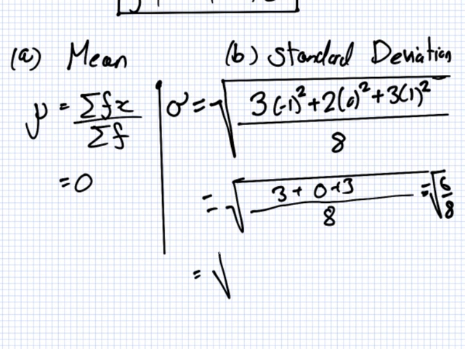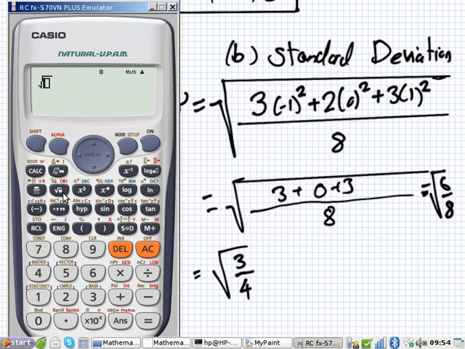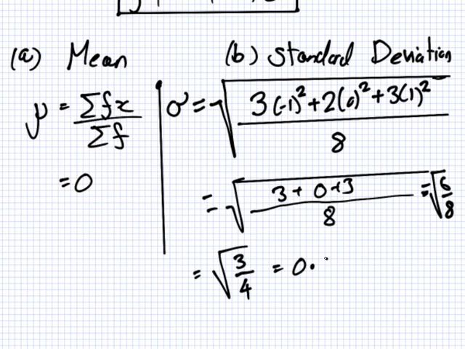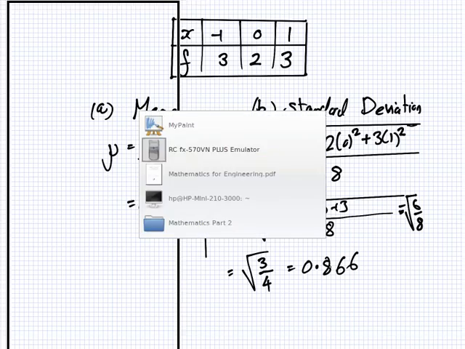Which is root 3 over 4. And root 0.75 is about 0.8, is it? It's a bit more than that, 0.87. Yeah, okay, good. Okay, this one's okay?